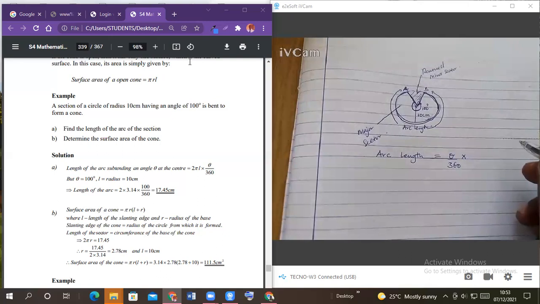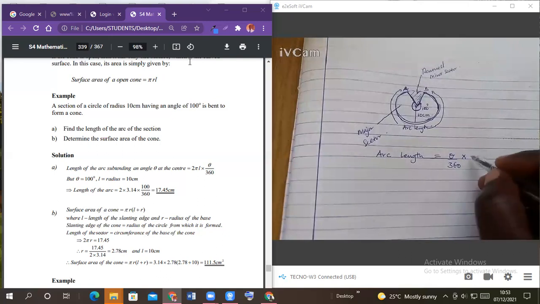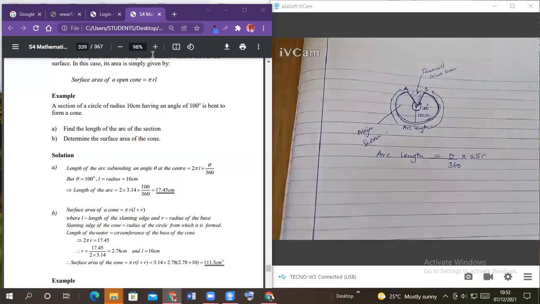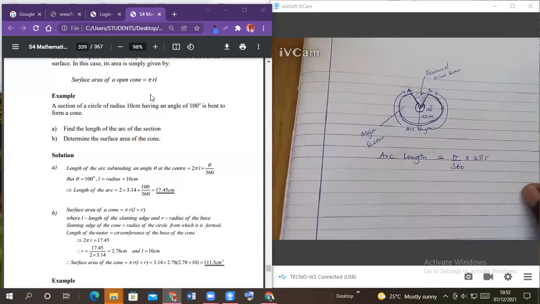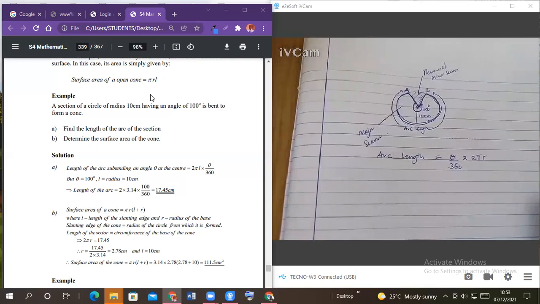And the circumference of the whole circle is given by 2 pi r, isn't it? 2 pi r. Members, are we together?